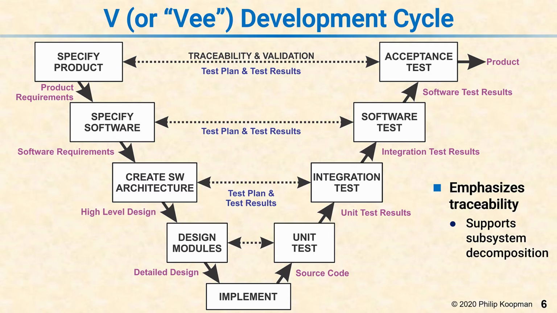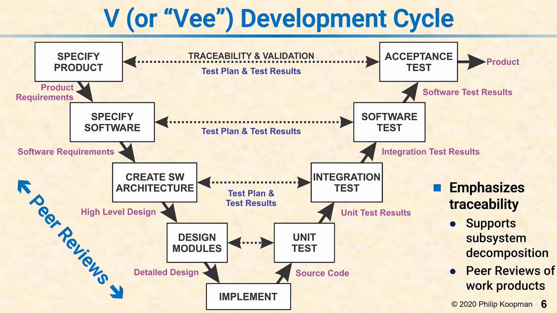This way of looking at the development cycle emphasizes traceability and emphasizes saying, okay, well, you said you were going to do something. Did you really do it? The said you're going to do something is on the left side of the V. Did you really do it is on the right side. Peer reviews of all work products happen. So everything that is a work product and output, for example, software requirements or detailed design or source code, all those things are subject to peer review as an extra quality check.